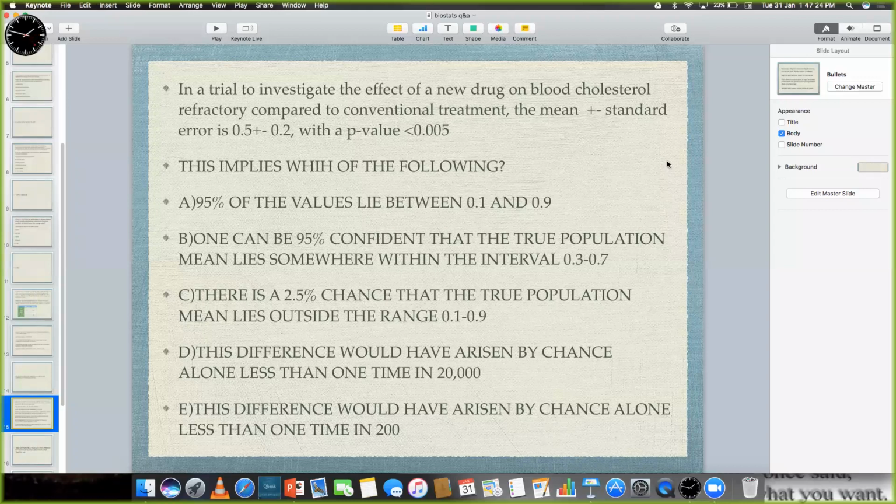Since he's already given you the p-value, which is less than 0.005, which constitutes a 99% confidence interval, z is equal to 3. So when you calculate, you get 0.5 plus or minus 0.6, which is equal to minus 0.1 to plus 1.1. This is the confidence interval you're getting.